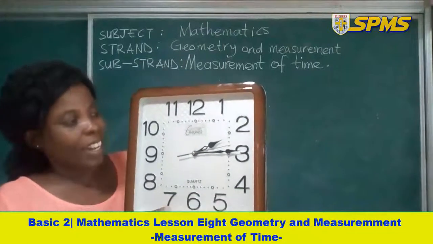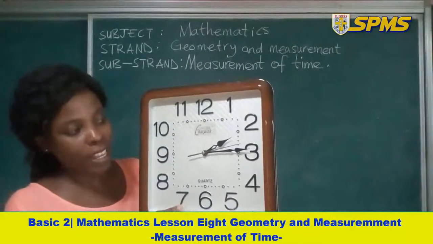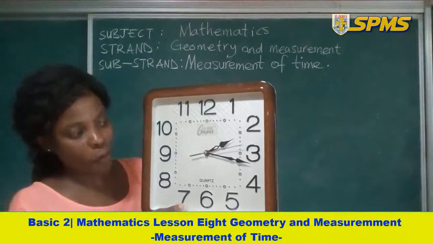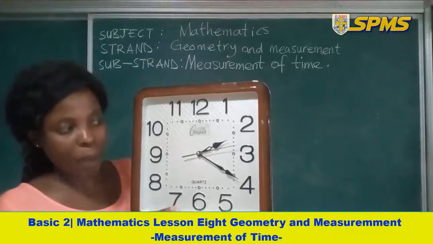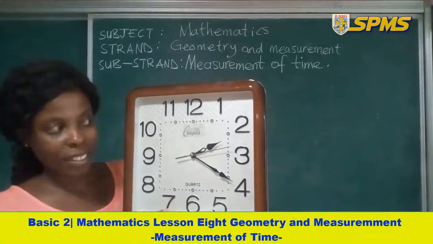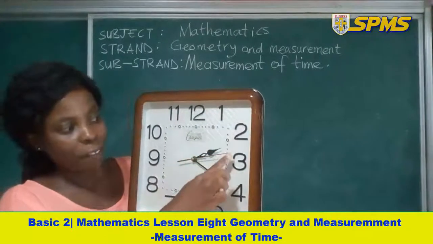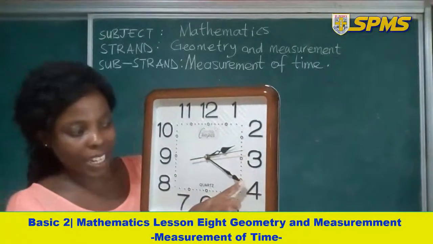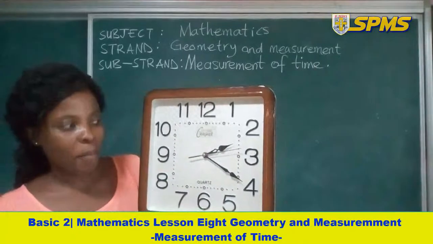Okay. The minute hand is still moving. It's now going to move from 3 to 4. How many minutes has passed? 5, 10, 15, 20. So, how can you tell the time?